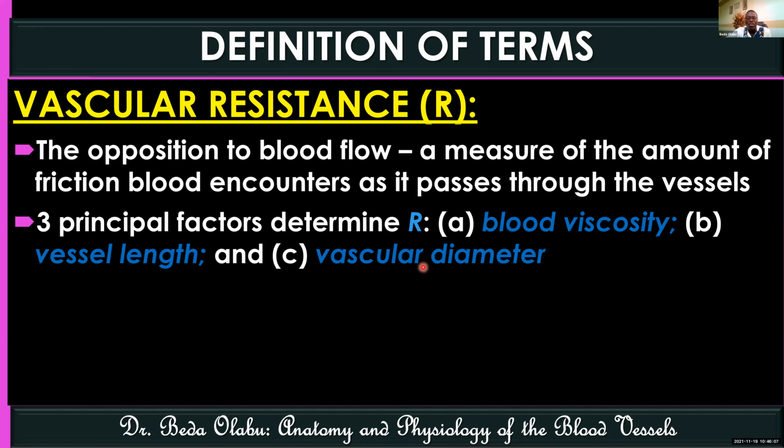If the lumen of the vessel is wide, it means that fewer molecules of blood will actually be hitting the wall of that vessel. And so the resistance is low. But if the lumen of the vessel is narrow, it means that most of the molecules of blood at any given time are actually hitting the wall of the vessel. And so the resistance is high.